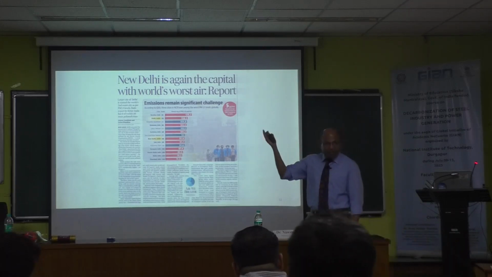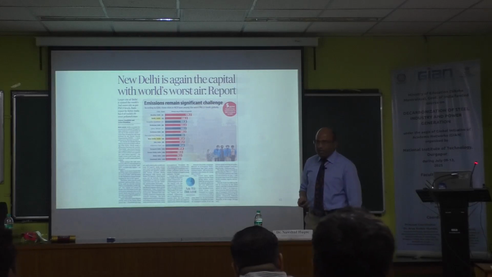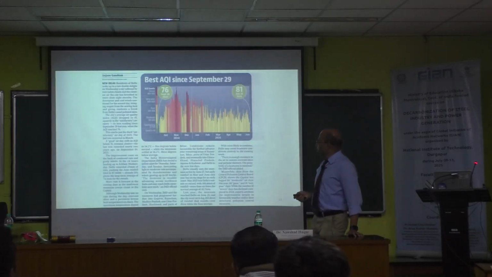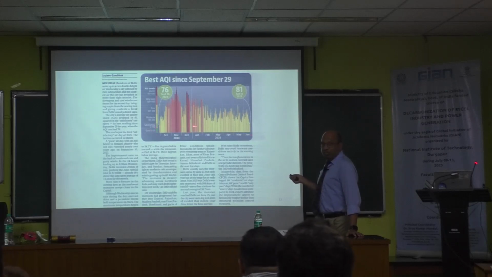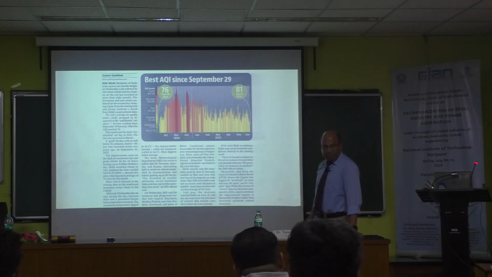In many parts of the world, that's the scenario. You see the best air quality since September 29, and then October 2024 up to June. Good is 0 to 50, that's the mark. Satisfactory, moderate, and you see in the majority of places and some parts it's pretty problematic.